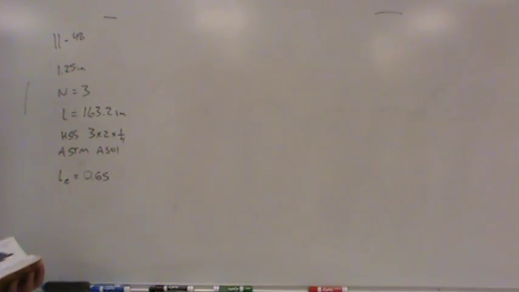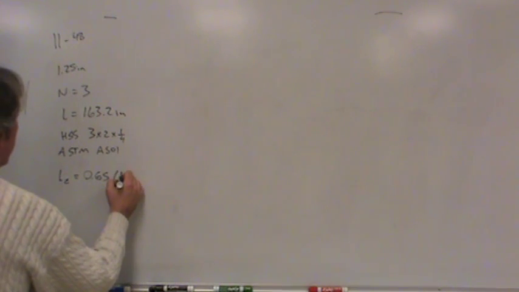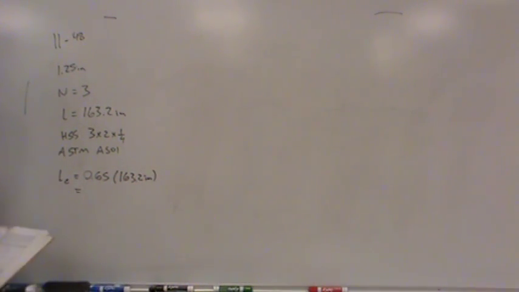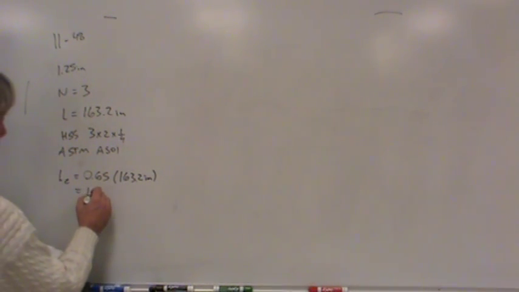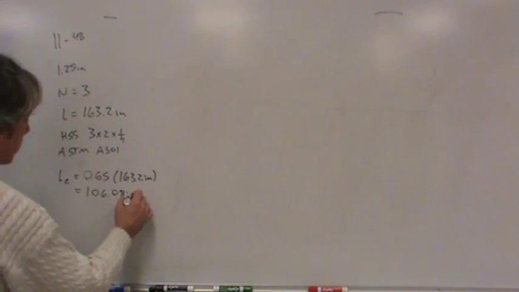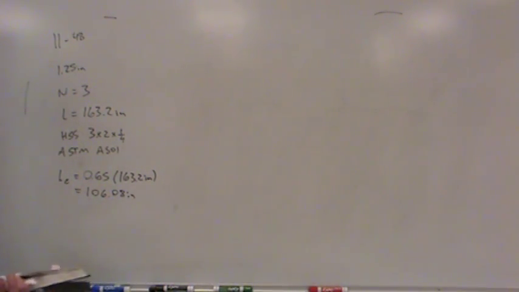Okay, so assuming that's right, 163.2 inches, if we multiply that by the 65%, what's the effective length of this column? 106.08 inches. Okay. All right.